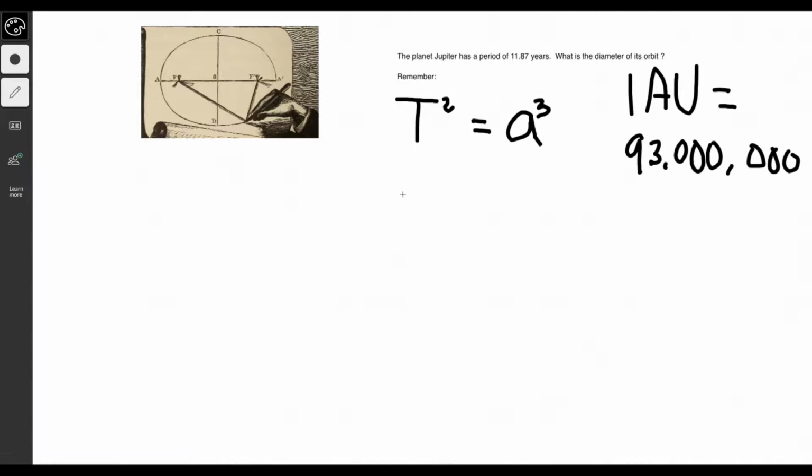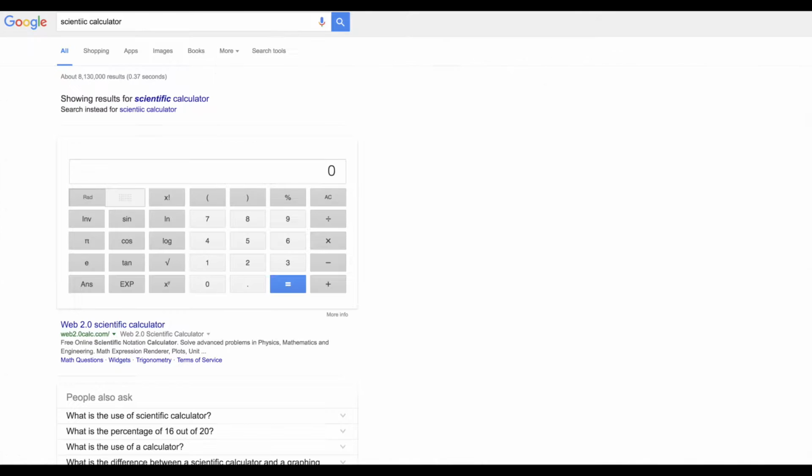So we know that this is the period. All we're going to do is put 11.87 and square it, and that's going to be equal to A cubed. So let's get out our scientific calculator, and we're going to enter 11.87, press x to the y, and square it, and that gives us 140.8969.